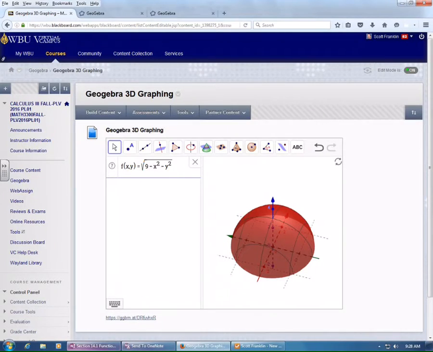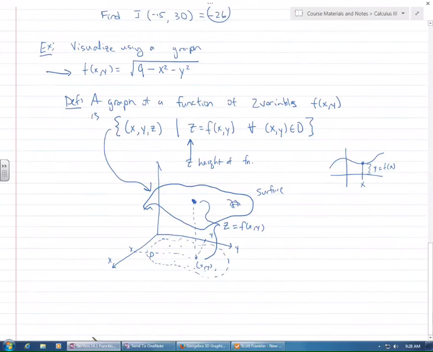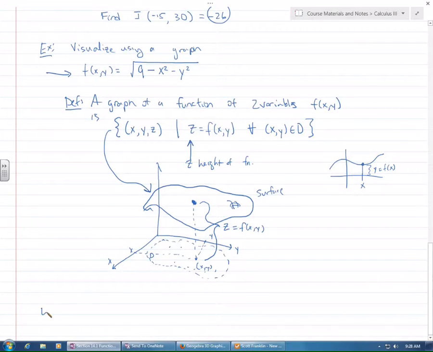I'm going to jump back and just write real quick in your notes. Let's graph f of x comma y equals 6 minus 3x minus 2y. So 6 minus 3x minus 2y.